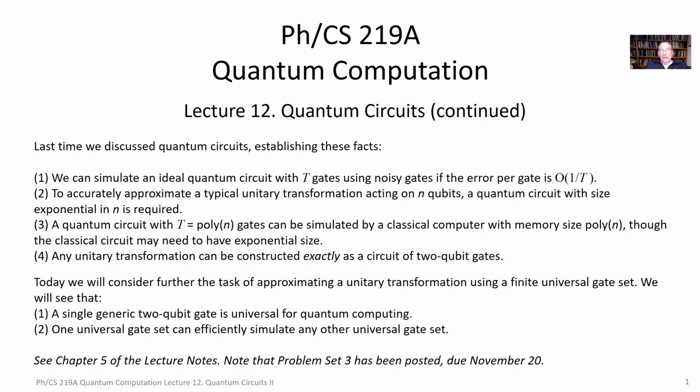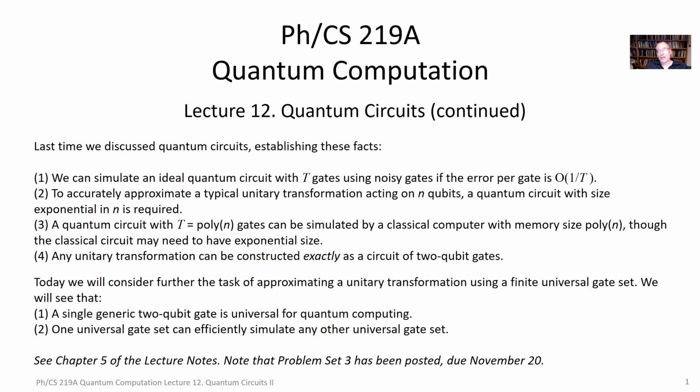We talked about, for a typical unitary transformation in the unitary group of n qubits, how large a quantum circuit is needed to accurately approximate that unitary transformation. We saw the circuit size needed to be exponentially large in n to provide a good approximation for most unitaries.